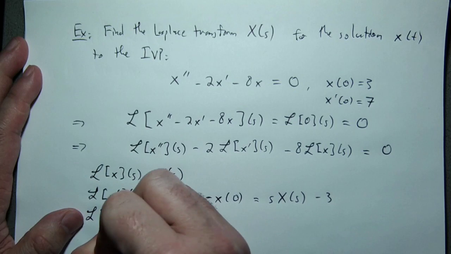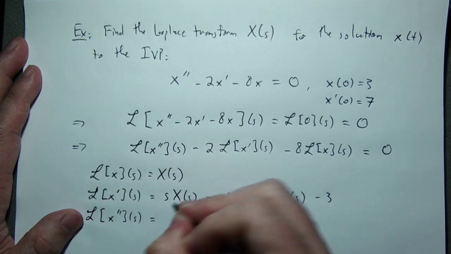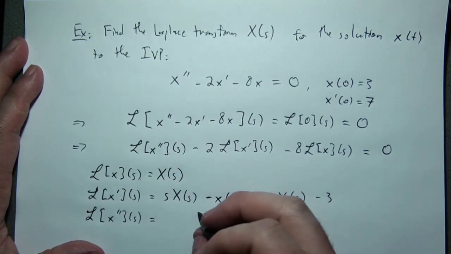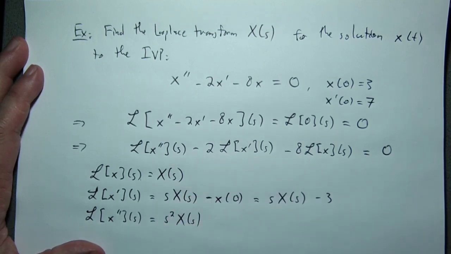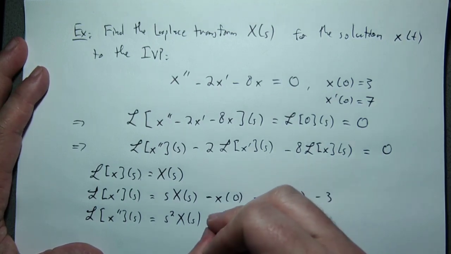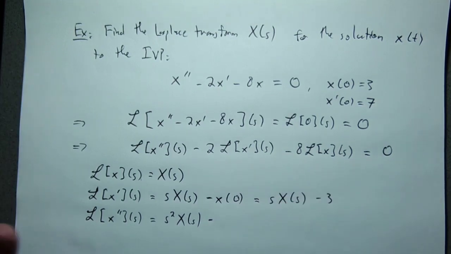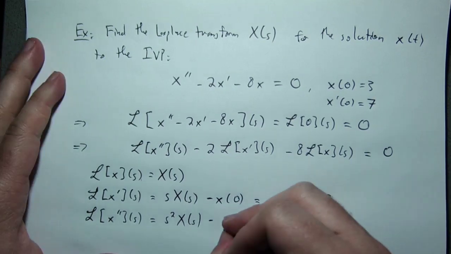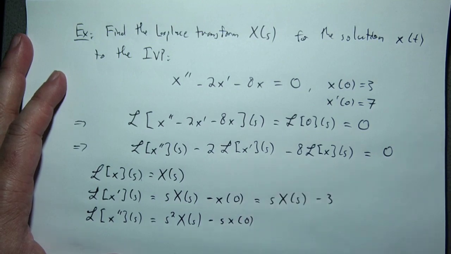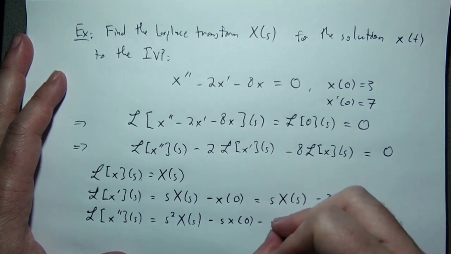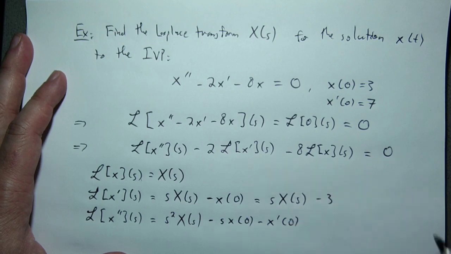Lastly, the Laplace transform of x double prime of s is s squared big X of s minus s times little x of 0 minus x prime of 0.